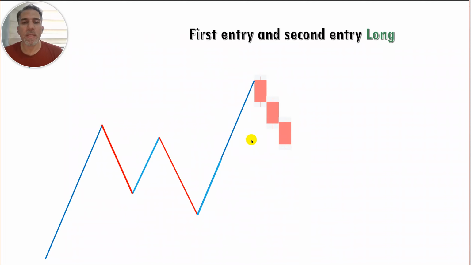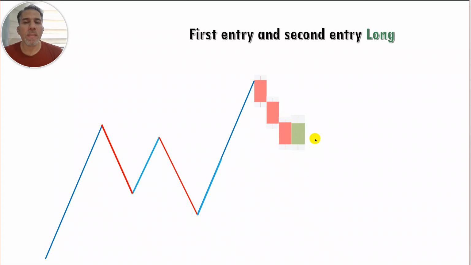Now, look, this is the area of the previous pullback zone. I'm going to add this to the explanation later. Let me define this later, and you will understand what I mean by that. So these are coming down. Now, our first green candle has started from here and went up, and the high of the previous candle has been taken by this one.